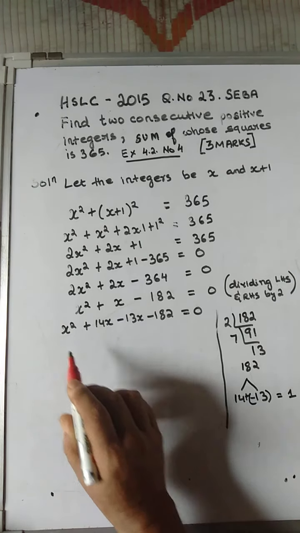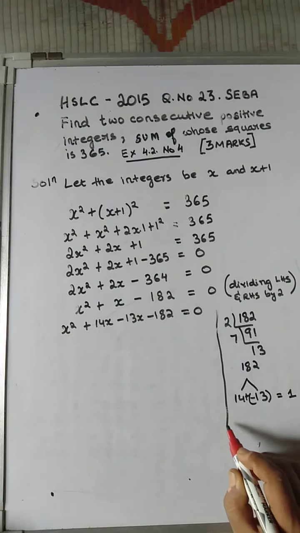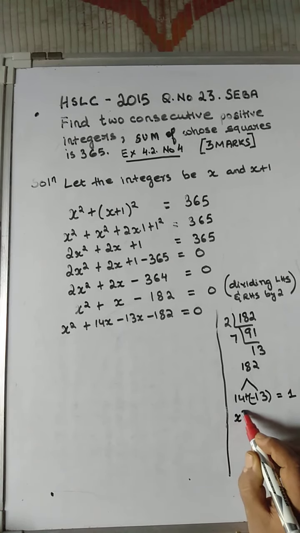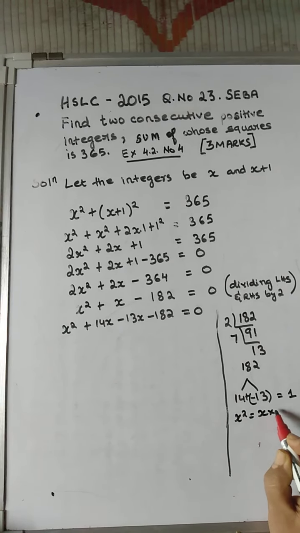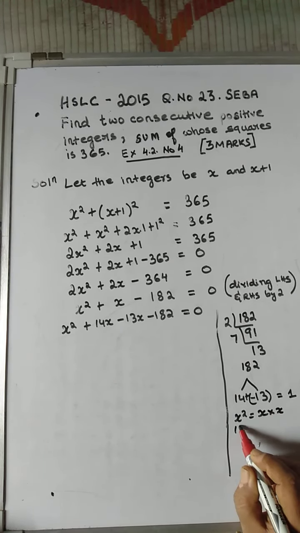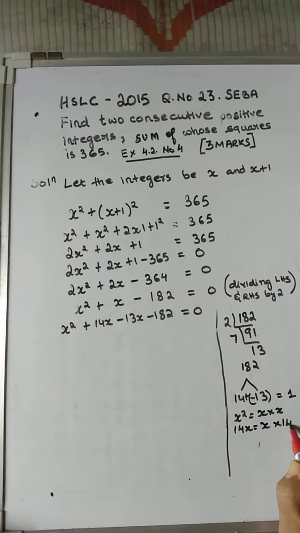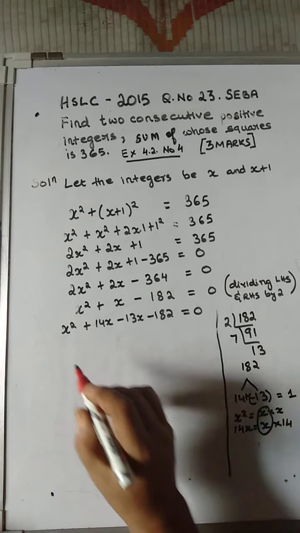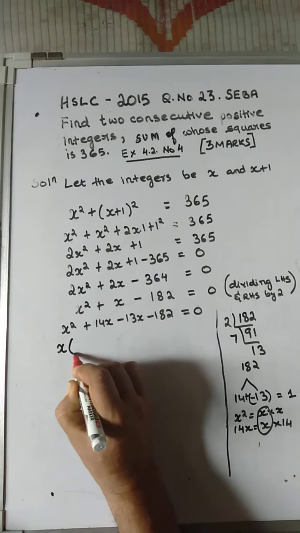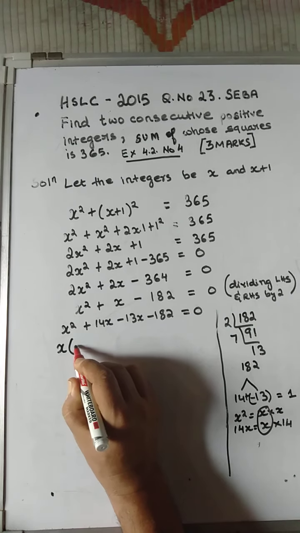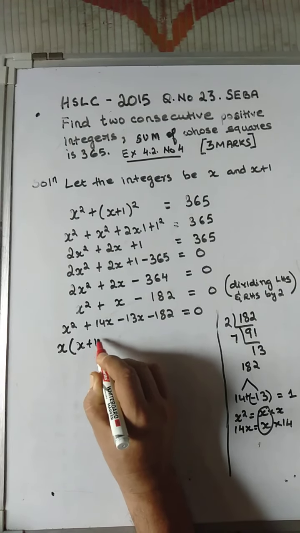Then you look at x and 14. x squared is equal to x into x, and 14x is equal to x into 14. You would see this x is common for both, so that comes out, and what stays in is the non-common, which is x plus 14.